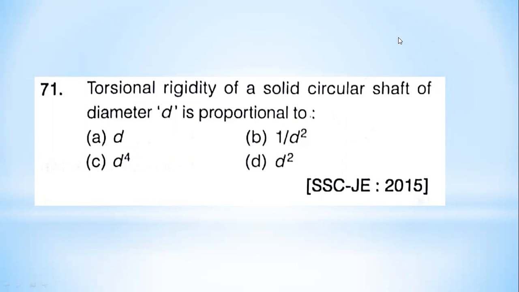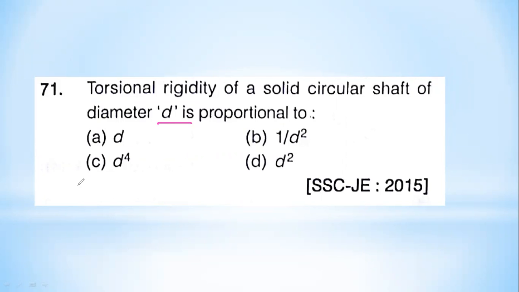So here is question number 71. The torsional rigidity of a solid circular shaft of diameter d is proportional to. Okay, what is torsional rigidity?